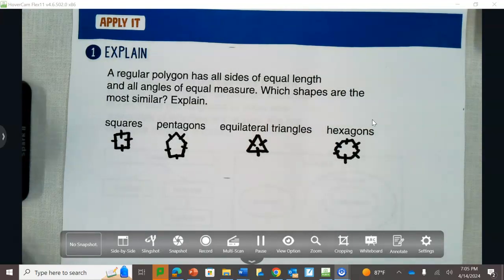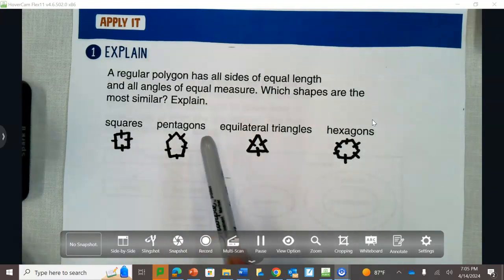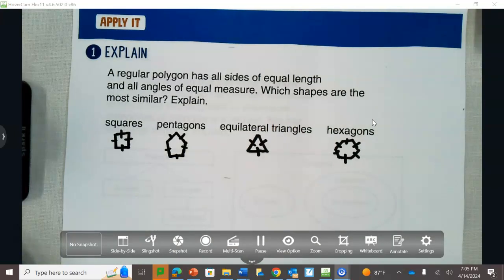I want you to figure out which 2 shapes are most similar. These are your 4 shapes: a square, pentagon, equilateral triangles, and hexagons. Please look at that, pause the video, and think about which 2 do not fit this rule all the time and which 2 do fit this rule all the time.